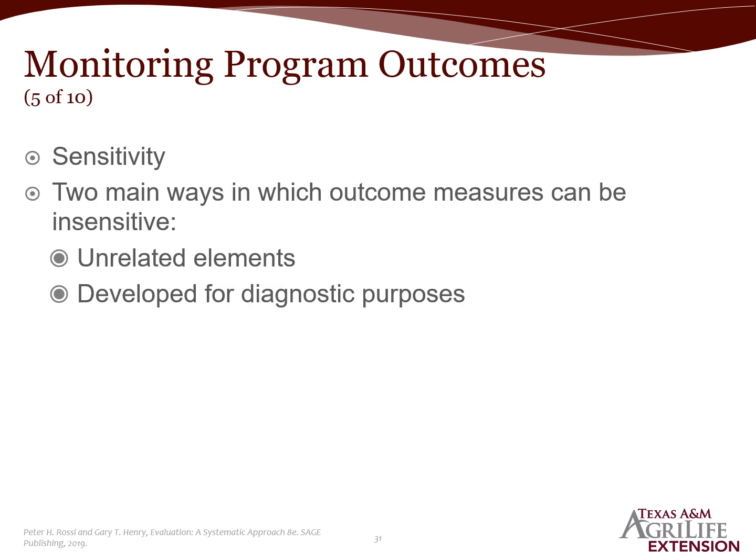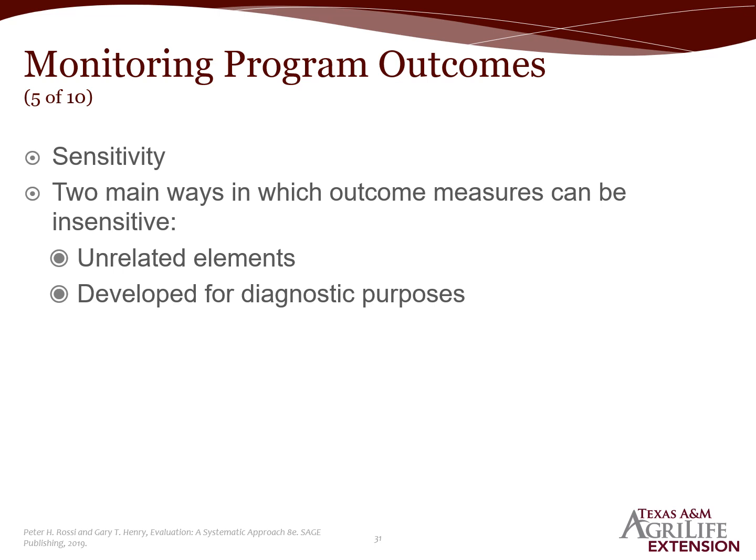The sensitivity of a measure is the extent to which the values on the measure change when there is a change or difference in the thing being measured. There are two main ways in which the kinds of outcome measures frequently used in program evaluation can be insensitive to changes or differences of the magnitude the program might produce. First, the measure may include elements that relate to something other than what the program could reasonably be expected to change.